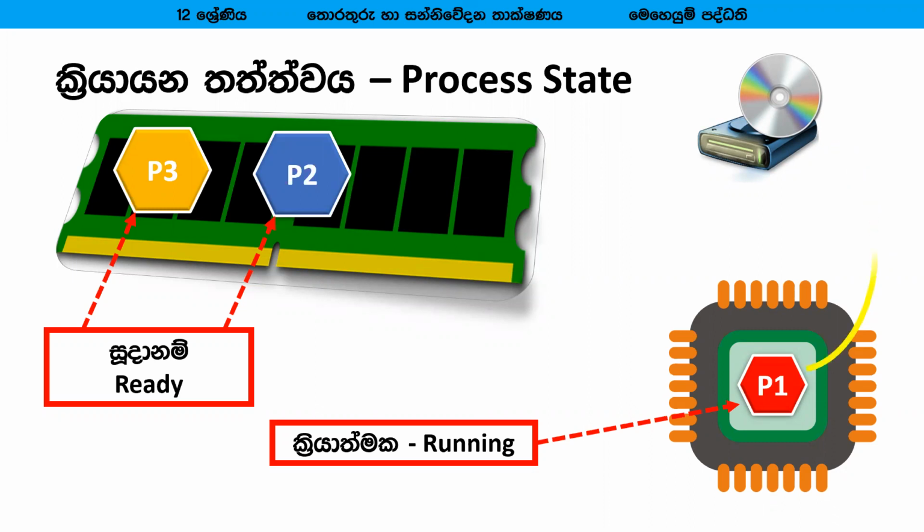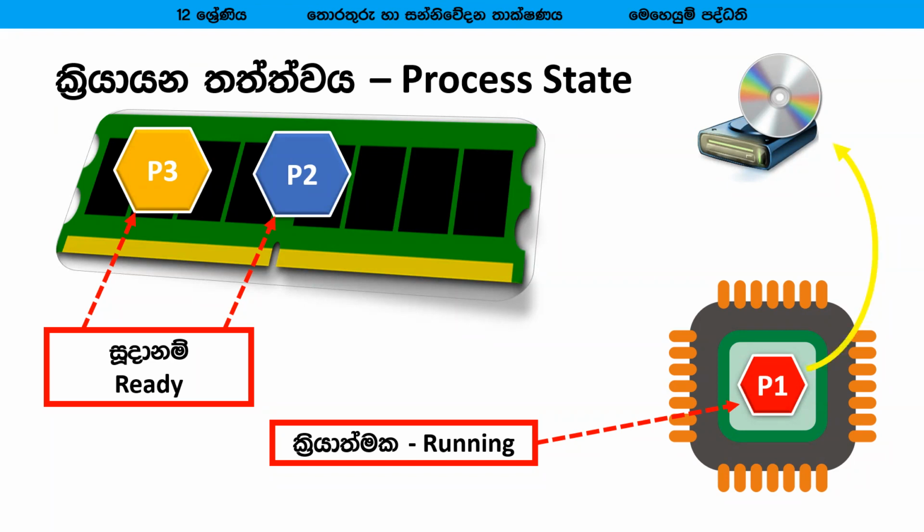So operating system does not like this. Operating system always tries to utilize the CPU at its maximum. පුළුවන් උපරිමයෙන් CPU එක ඇතුලේ දේවල් ක්‍රියාත්මක කරන්න තමයි operating system එක බලන්නේ.